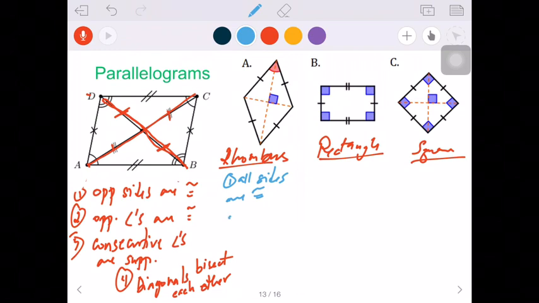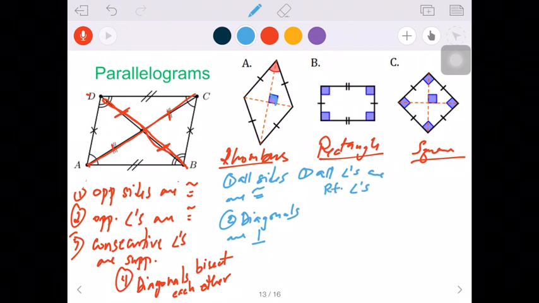Okay? The second one that we can see is that the diagonals of a rhombus are perpendicular because of the right angle that is formed. So these two are the special unique property of the rhombus. What about rectangle? So for rectangle here, you can see that all angles are right angles.